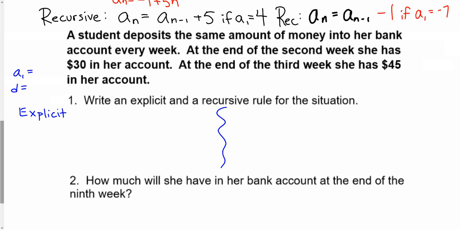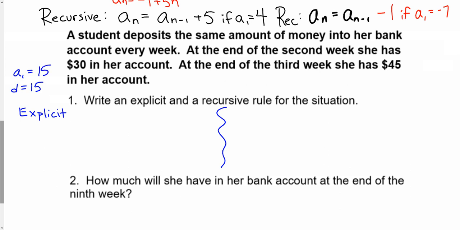So what did you say the common difference was? 15. So we're adding 15 to the account every week. What's the first term? Yeah, it's not 30, because 30 is the end of the second week. So we have to kind of work backwards. If we know she's adding 15 every week, we work backwards and we find out that the first week she had $15.